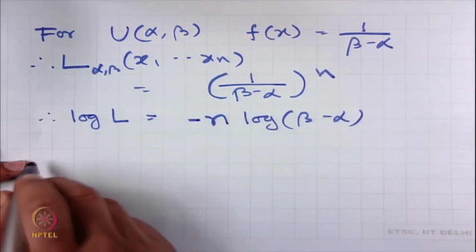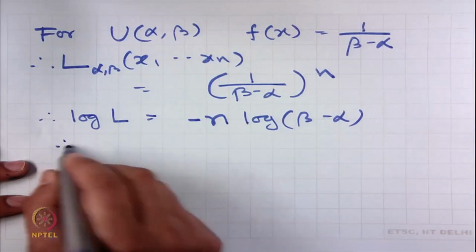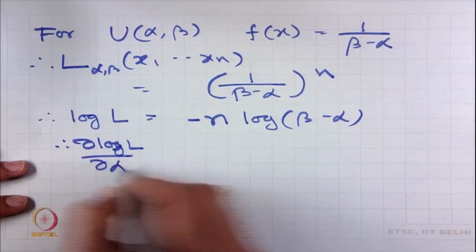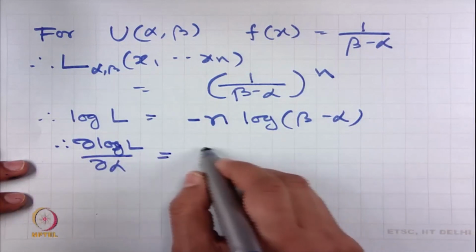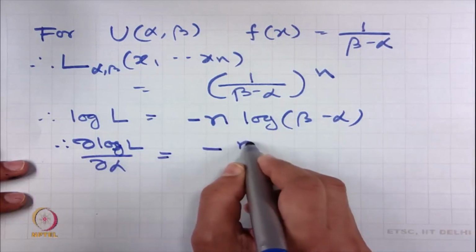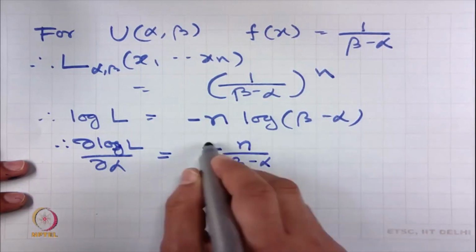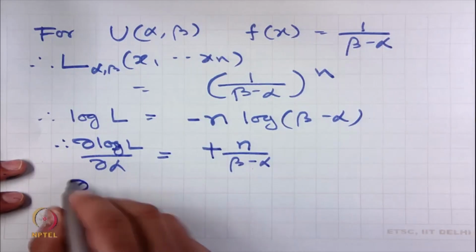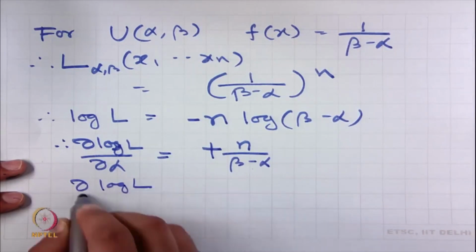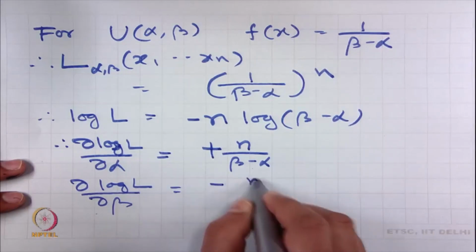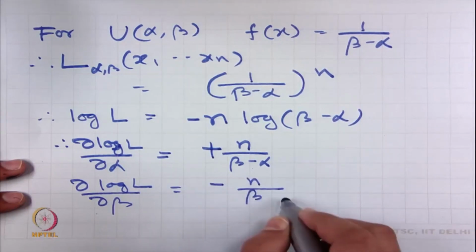Therefore, del log L del alpha is equal to n upon beta minus alpha, and del log L del beta is equal to minus n upon beta minus alpha.